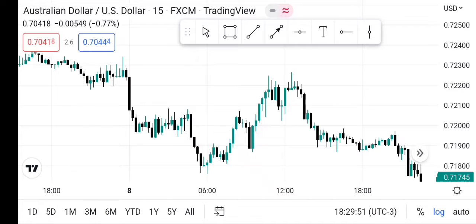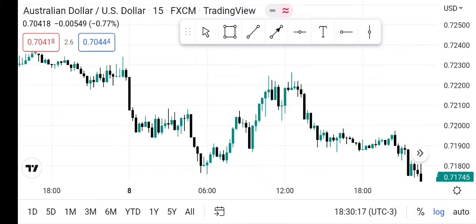Swing highs and swing lows occur in every time frame, from the 1 minute, 5 minutes, 15 minutes till the monthly chart. It's available on all time frames. It doesn't have to be on any particular time frame, because we're just dealing with candles.